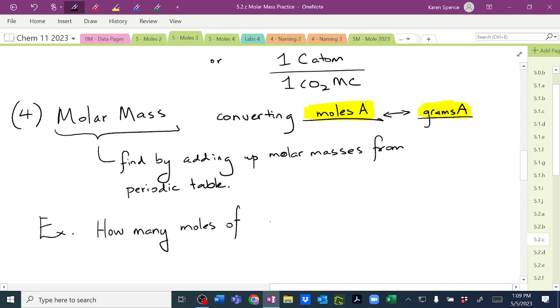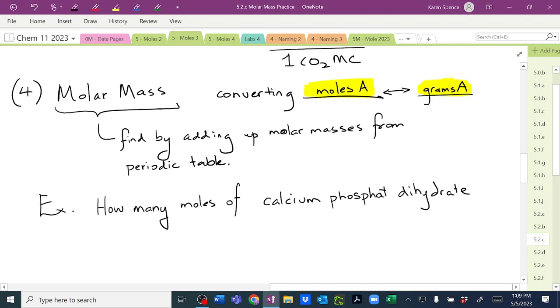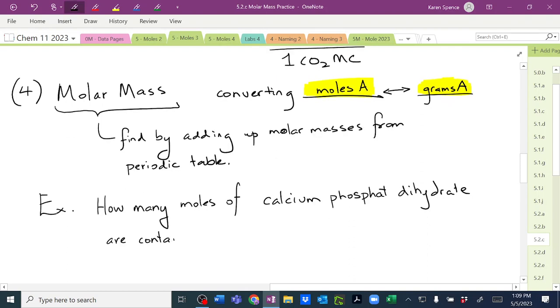Let's see, calcium phosphate dihydrate are contained in 25.0 grams of that compound.